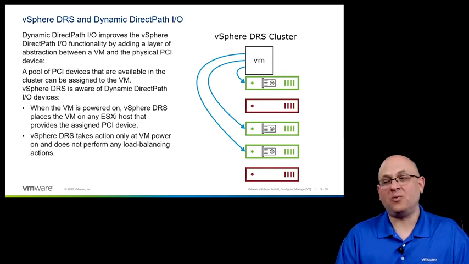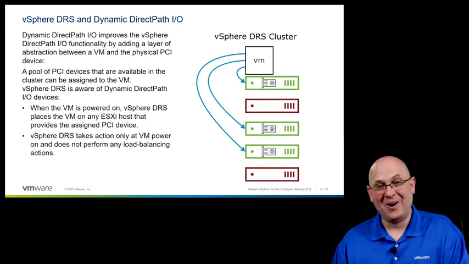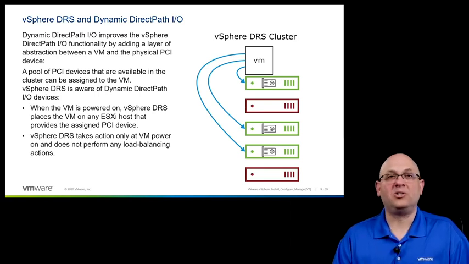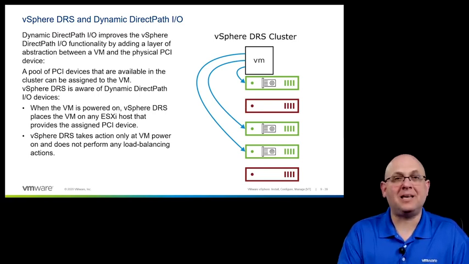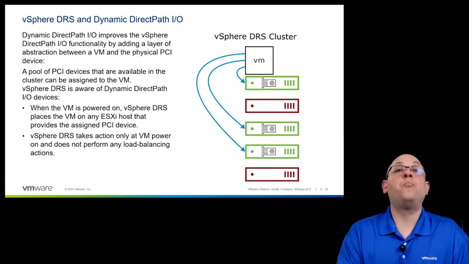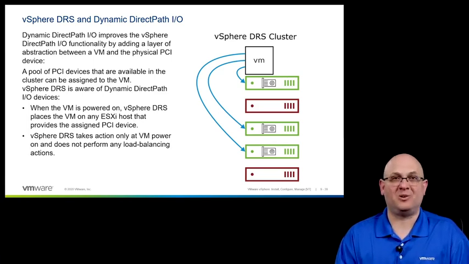Well, Dynamic Direct Path I/O improves this feature by locking a VM not to a specific PCI device, but a pool of PCI devices that exist across the hosts in a cluster. Very, very nice.